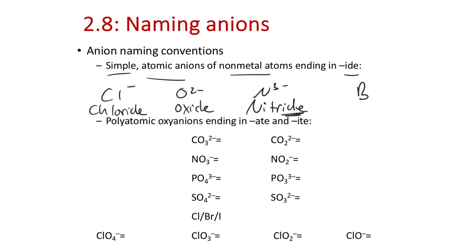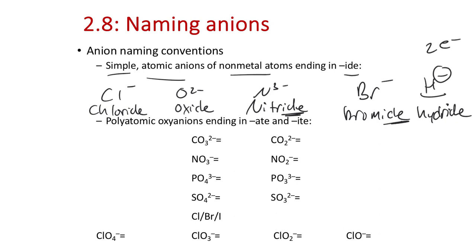So Br- would just be bromide. We're just looking for that IDE ending. Hydrogen with the minus charge would be hydride.